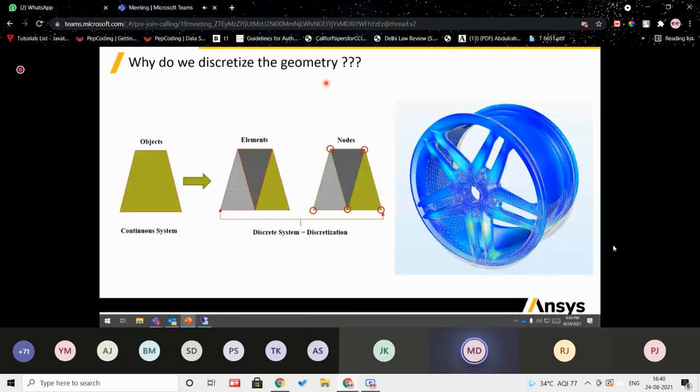So the answer to this is, let's suppose you have an object which has some arbitrary shape, or maybe a real-life shape, and that's a continuous system, and you want to find the solution. Maybe you are doing some static analysis, thermal analysis, or any kind of analysis, or structural integrity.